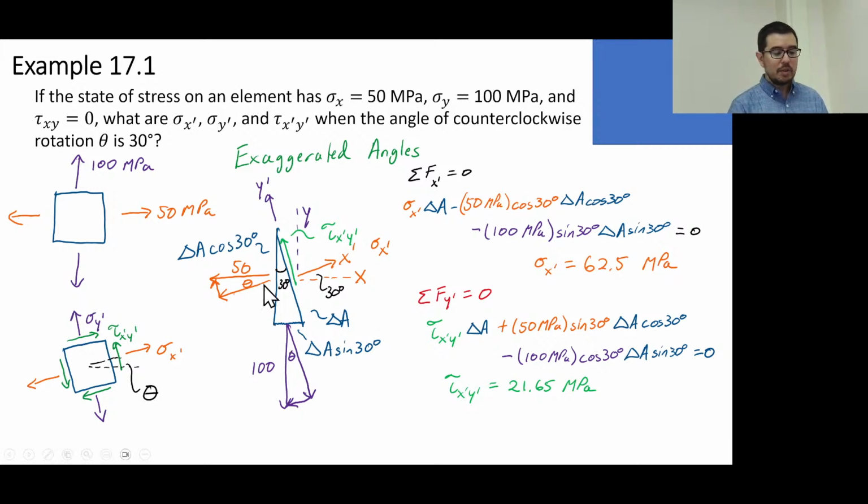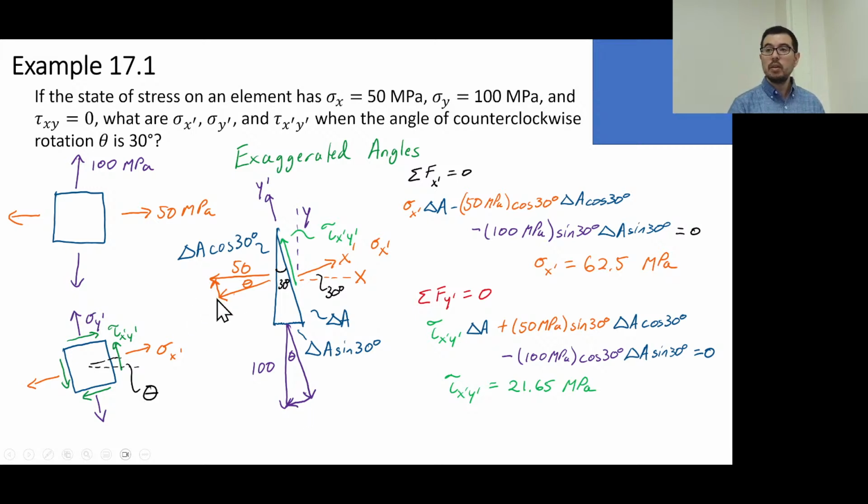Similarly, this one for sigma x has to be aligned with the x direction. And then the other side of this triangle needs to be aligned with x prime, and this one needs to be aligned with y prime.